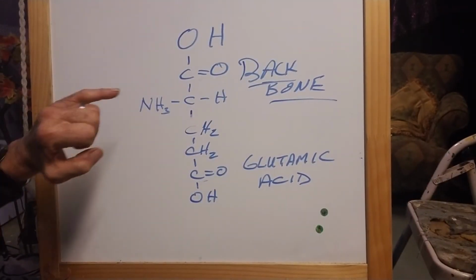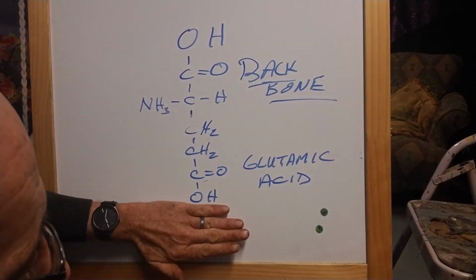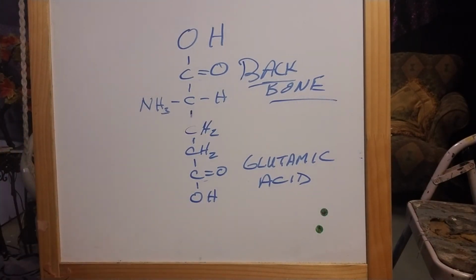Well, I'm going to say this right now. The reason why this is so important, what's attached here? There are two terms we're going to learn in the near future called hydrophobic and hydrophilic. Hydro means water. Phobic means fear of. Philic means love of.